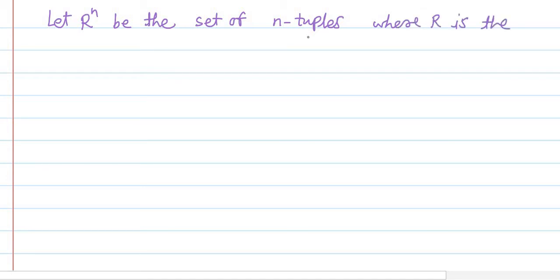Let R raised to n be, as it was given in the question, the set of n tuples where R is the set of real numbers.